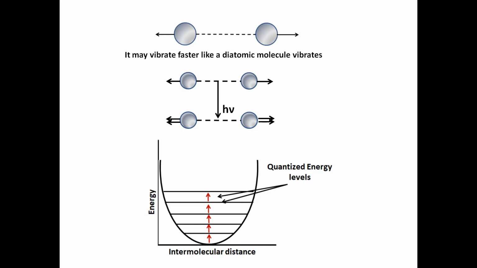And you can see that here in the form of this ellipsoid. Intermolecular distance, the molecule to molecule distance, and energy. These are the levels, quantized energy levels. The first one you can say is H0, H1, H2, H3, H4, H5, like this. These are quantized energy levels.